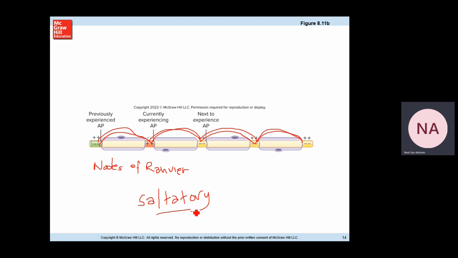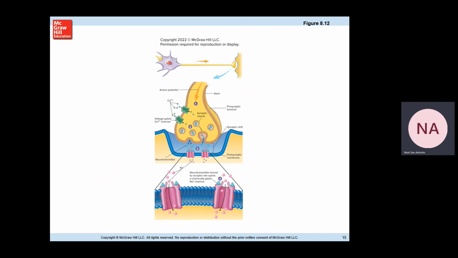It makes the conduction saltatory, which is faster. So when the myelin sheath is destroyed, there is a disease of the central nervous system called demyelination or demyelinating disease. When you have a demyelinating disease, there will be slower conduction of impulses in our nervous system.